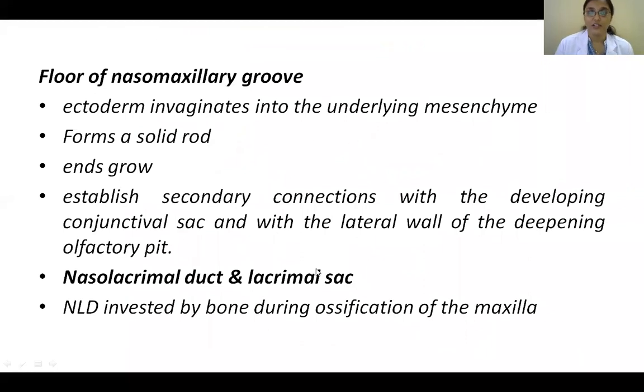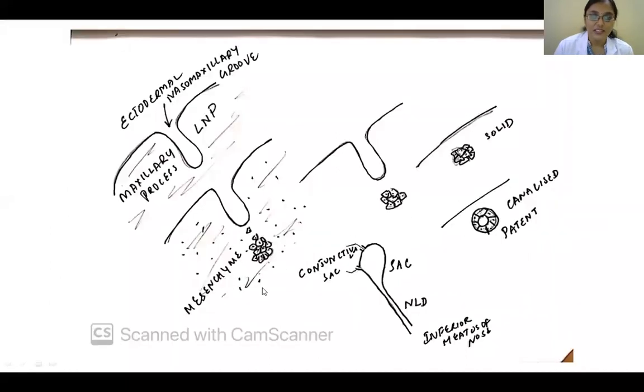And the nasolacrimal duct. One more thing to remember: this mesenchyme is not soft. If you touch your face, it's not soft because there is a bone there. That means this mesenchyme becomes ossifying. I told you there are two processes for bone formation. The first is that a cartilage model is laid down first, and then it is replaced by bone.